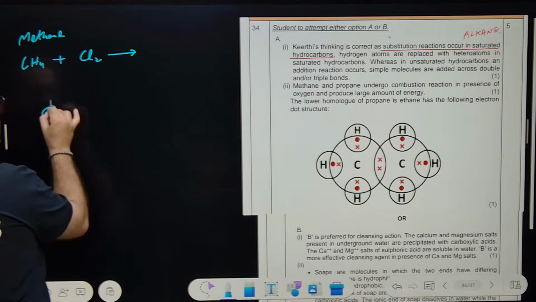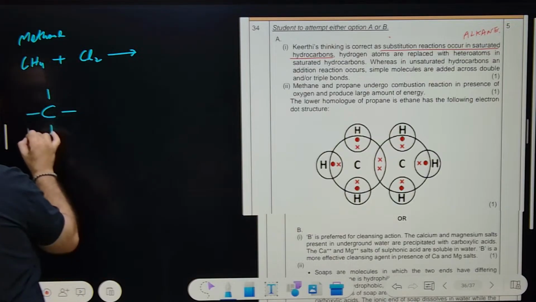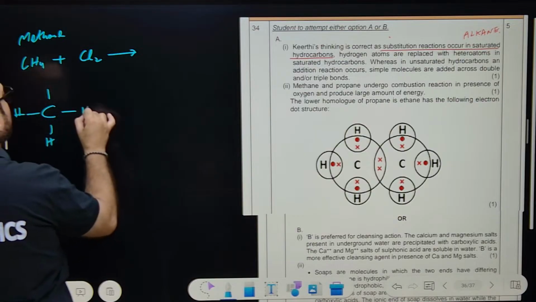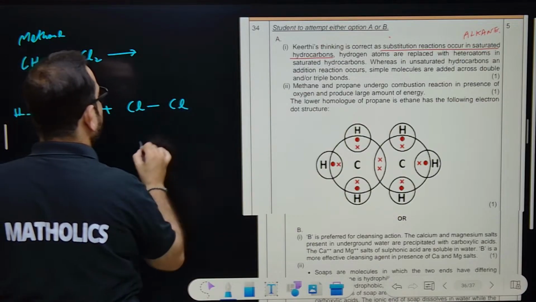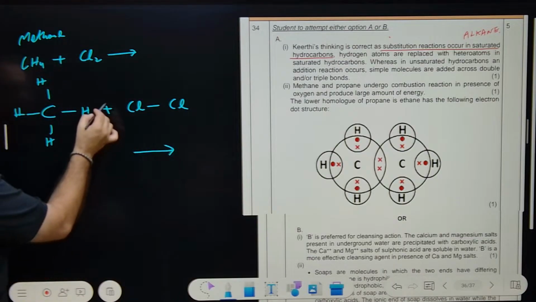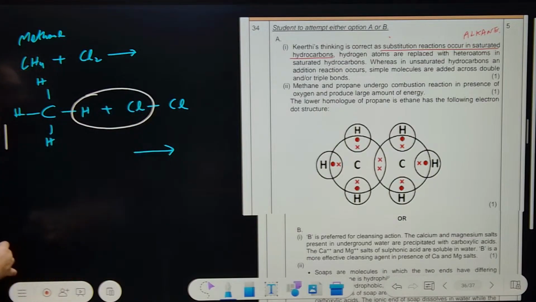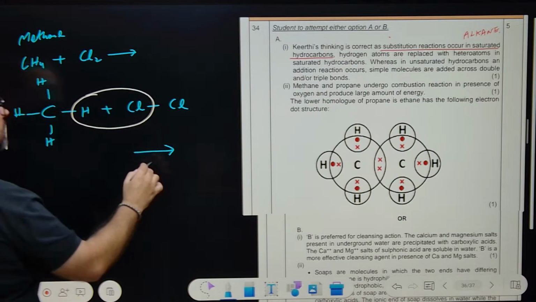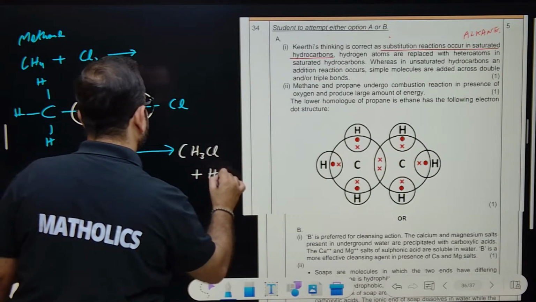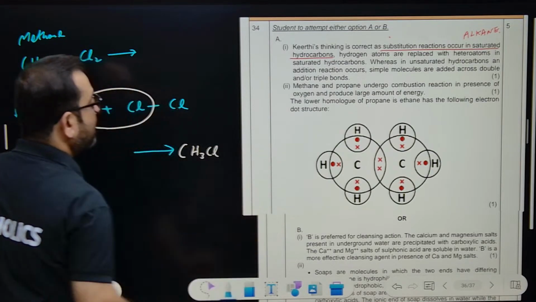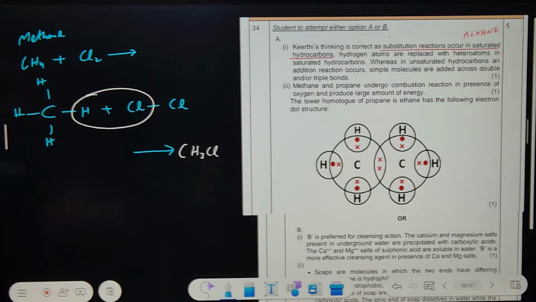Say carbon is there, it's having 4 bonds, hydrogen attached to this carbon, and this is Cl-Cl bond. So what the reaction says, this H and Cl will compound, they'll form HCl, and CH3Cl will be formed. CH3Cl plus HCl. HCl is not mandatory. It is just an option.